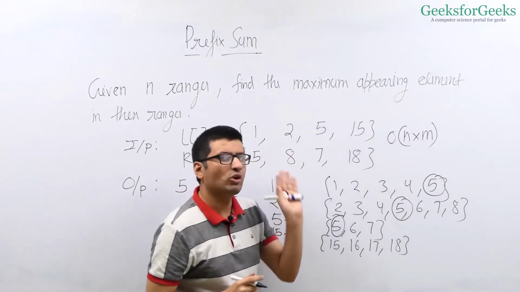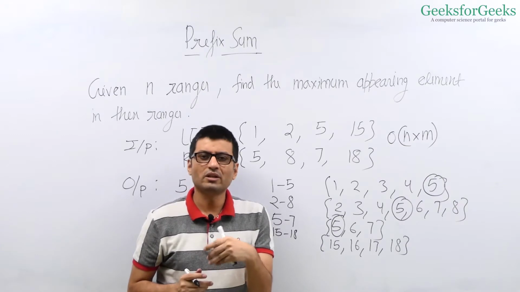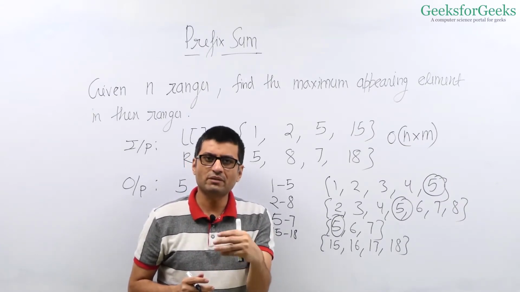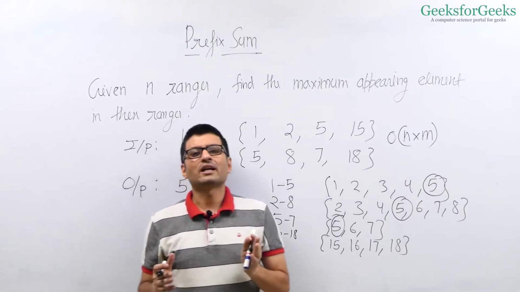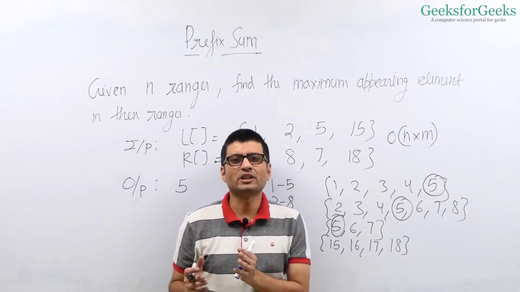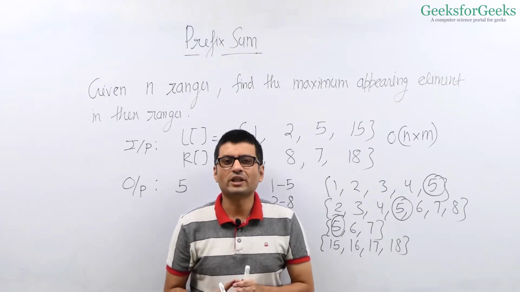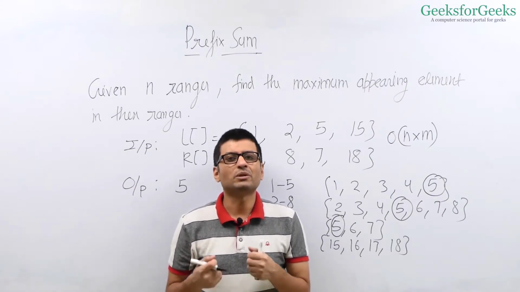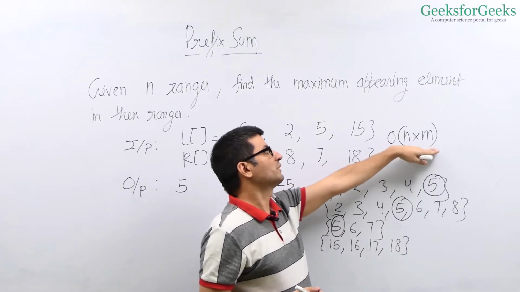We'll traverse through all n ranges, and for every range, traverse through every element and increment its frequency in the hash table. A hash table has insert, search and delete time complexity of big O of 1, so you can insert every item and increment its frequency in big O of 1 time. That is how you get the time complexity as big O of n into m.